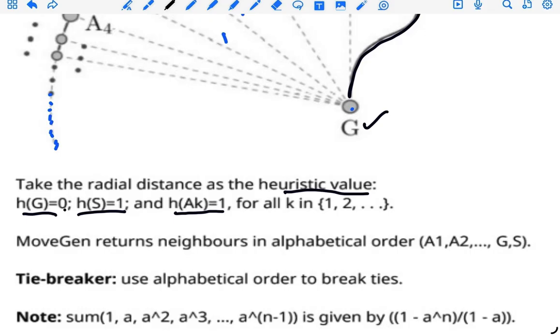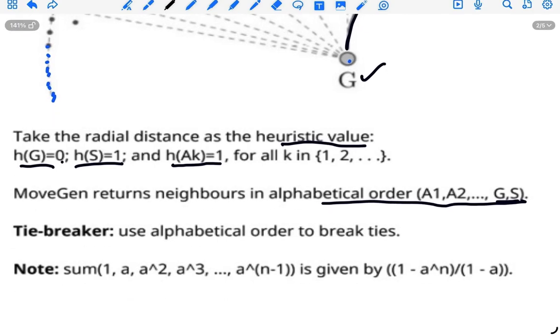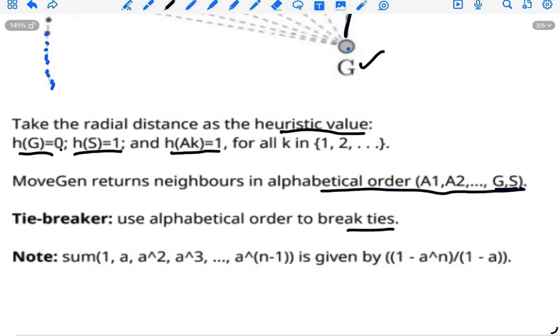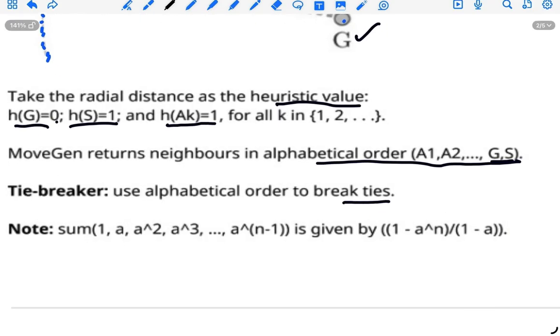And then moveGen returns the neighbors in alphabetical order. This is the alphabetical order. So A is first, right, in alphabetical order. After this A1, A2, A4, the infinite list, and G and S, goal node and start node. So use alphabetical order to break ties.